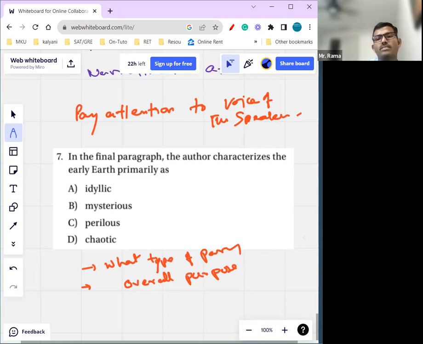And also make sure it's the author's point of view, and not your point of view. Always look at the author's point of view, still use the same language, and convey that tone. And then always look at the final paragraph, and it says early Earth is described as chemical rich, if you remember those. So that's how you go look at it and make sure you answer those questions carefully. Always look at the author's point of view, not your own. Good?